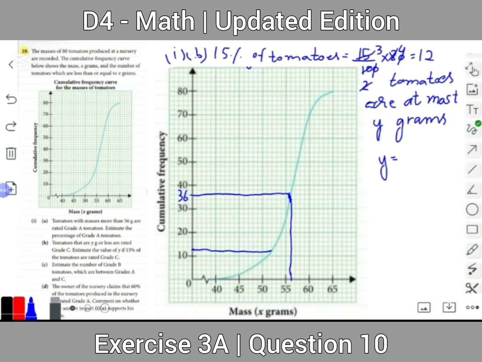Now from the point of intersection, we will draw a vertical line until it touches the horizontal axis. Since each square unit along the x-axis is equal to 1, here we have 50, 51, so 52. So from the curve, the value of Y is equal to 52.